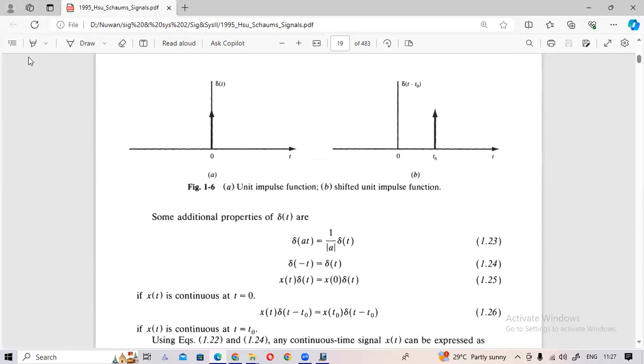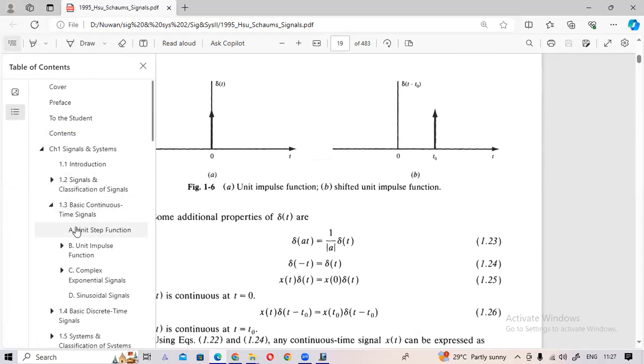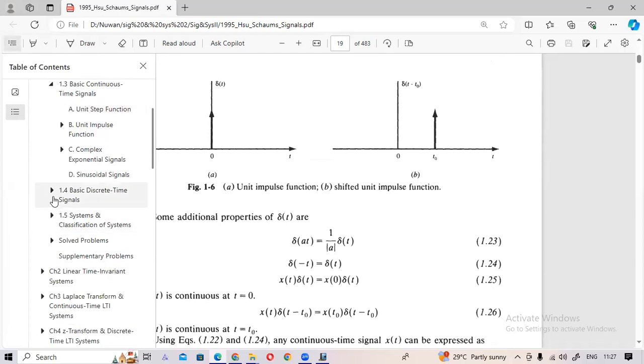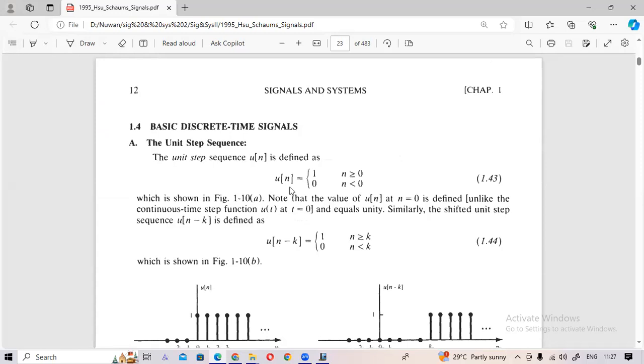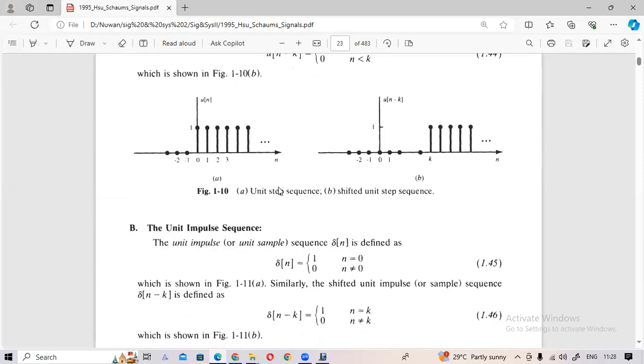And here you have the discrete time version also, unit impulse. So this is the definition. Un is 1 when n is greater than or equal to 0. Sorry, that is the unit step signal.